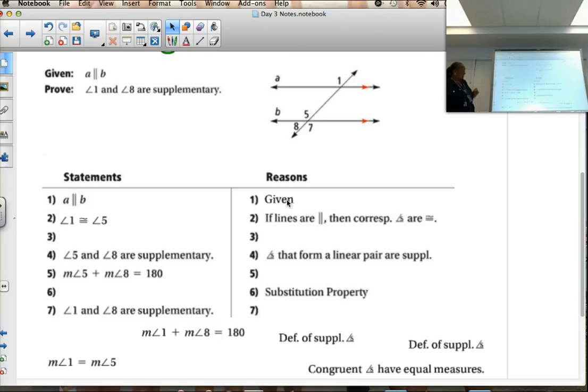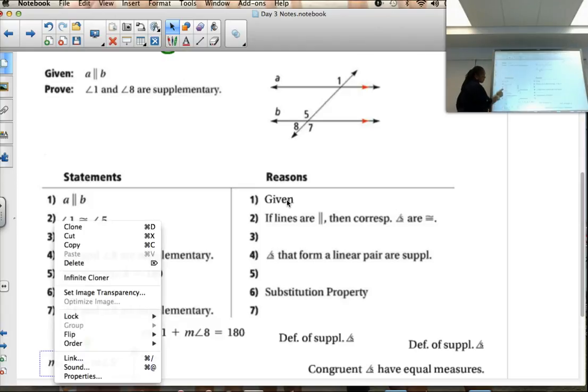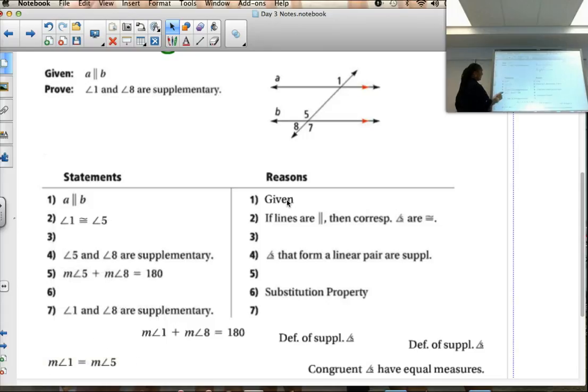The next one, oh look, it's both blanks. If I tell you that angle 1 is congruent to angle 5, does that mean they have equal measures?